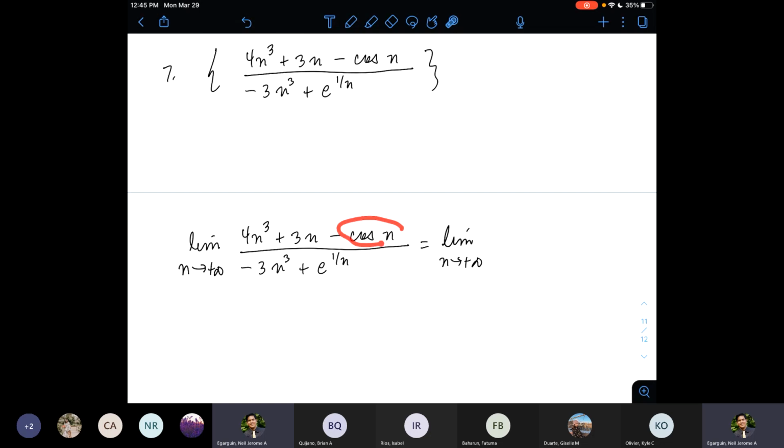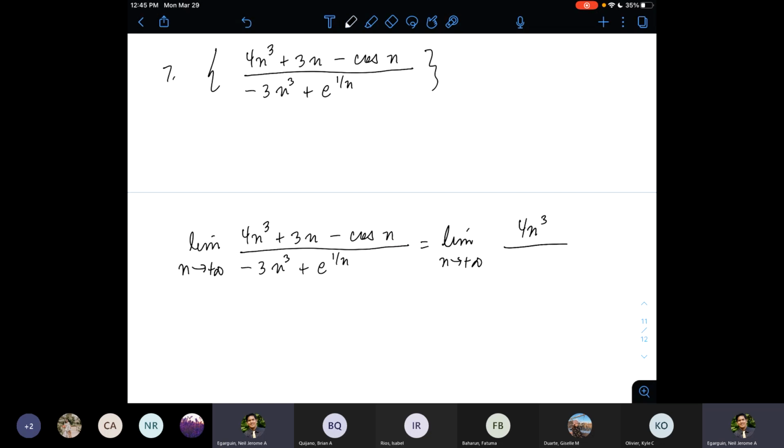So this is a small number, either plus or -1. So in the long run, it won't affect the sum in the numerator. The same as 3n. 3n will be overshadowed by 4n cubed. So the numerator only behaves like 4n cubed.